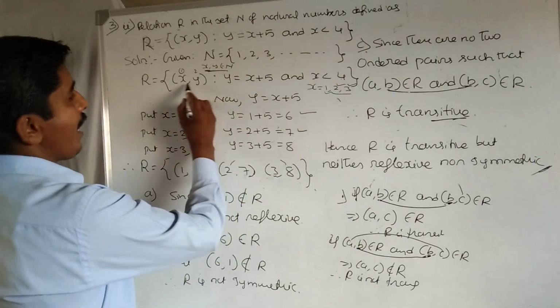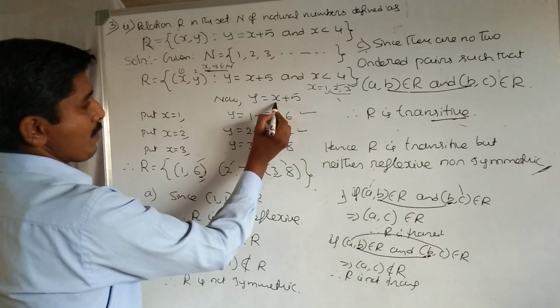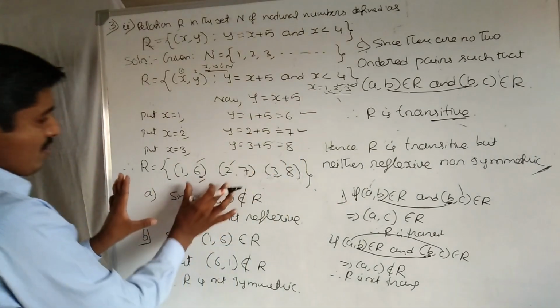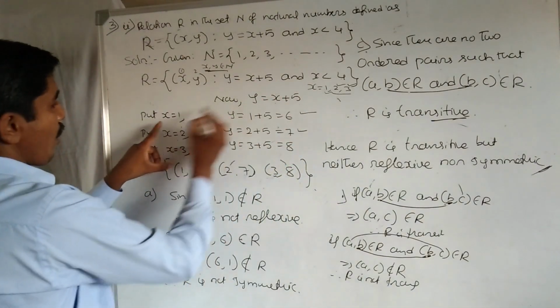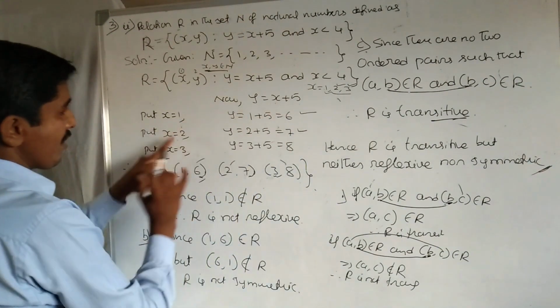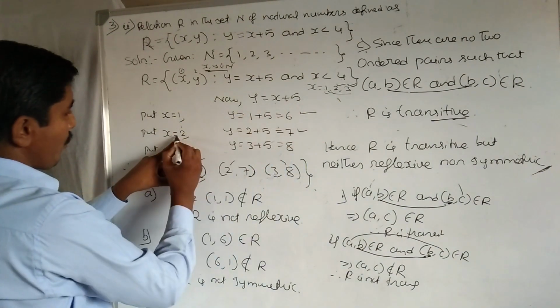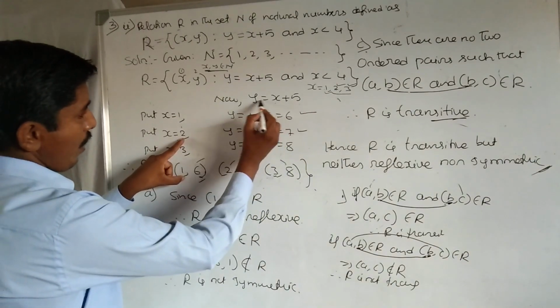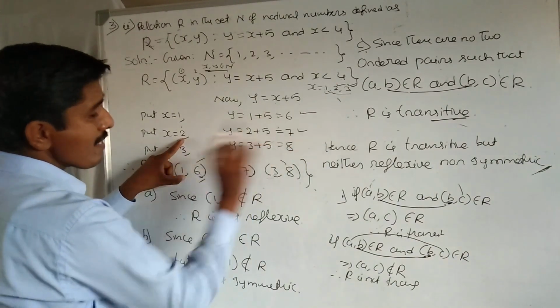Now the relation between x and y is y equal to x plus 5. Let's find the relation elements. Put x equal to 1, y equals 1 plus 5, which is 6. Next, x equal to 2, y equals 2 plus 5, which is 7.